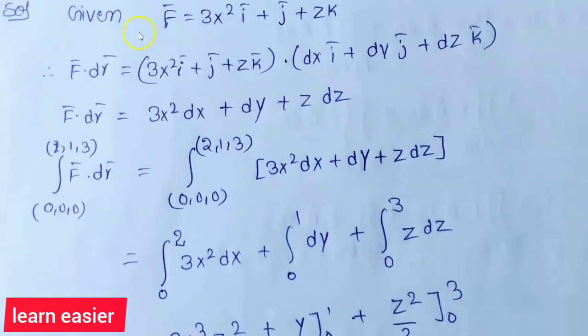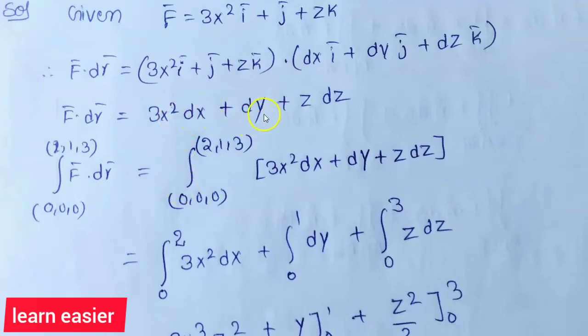You can see that this F bar dot dr bar can be easily integrated, because the first term doesn't contain any y or z terms, it is only x terms. So we can easily integrate by taking the limits of x, which are 0 to 2.